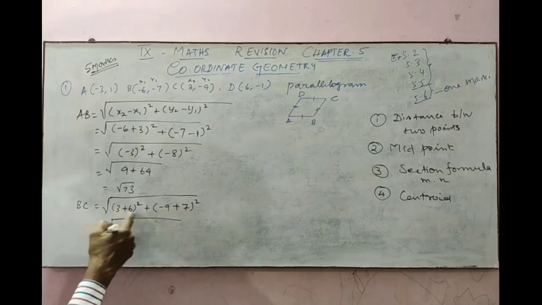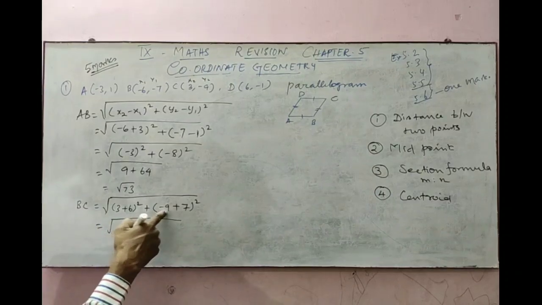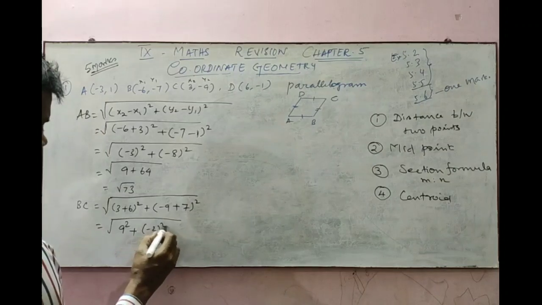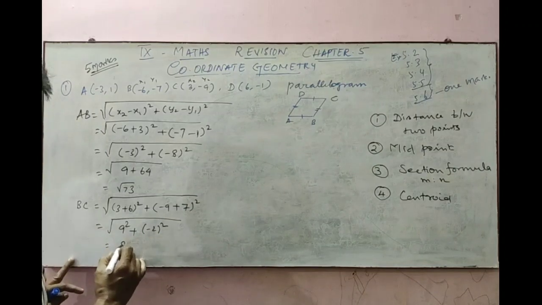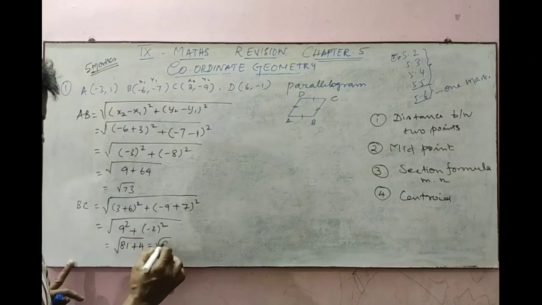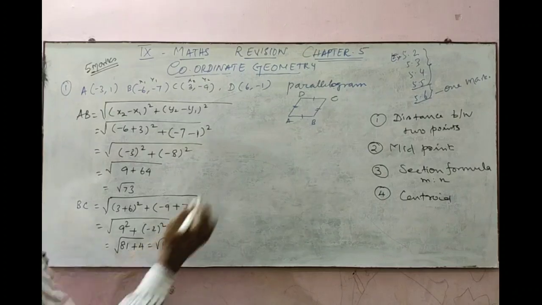If you add 3 plus 6, you will get 9, 9 square plus minus 9 plus 7. Minus 9 plus 7 gives minus 2, so minus 2 whole square. 9 square is 81. 2 square is 4. So you will get the answer as root of 85. This is the distance between B and C.